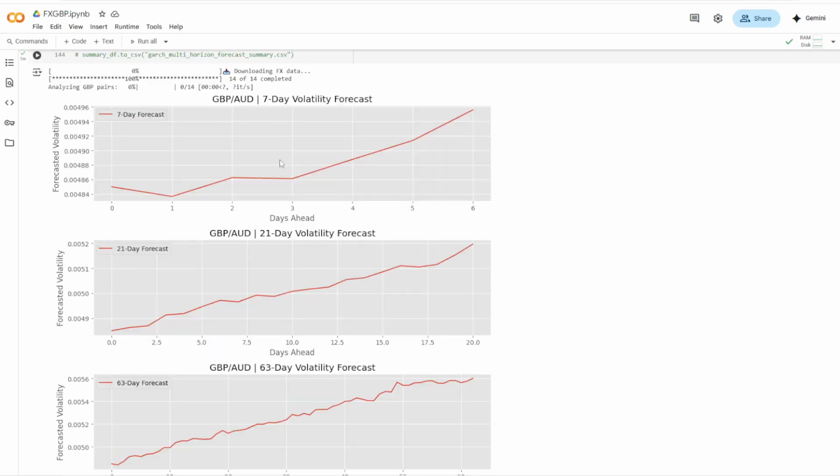Okay, what we have here, very quickly, pound Aussie dollar: we have rising volatility. I say that because these are stochastic equations, and by no means are the results deterministic.